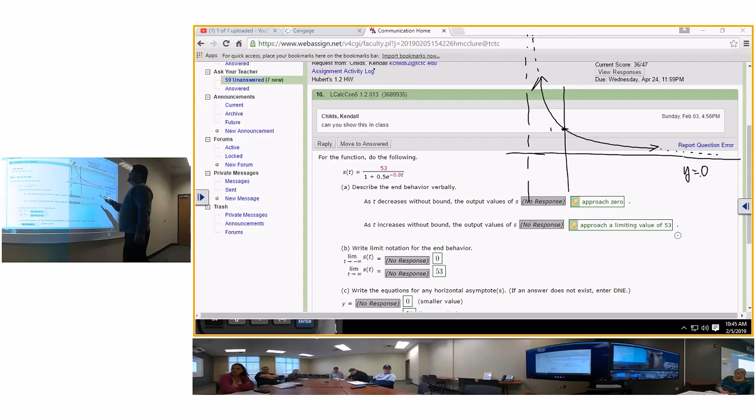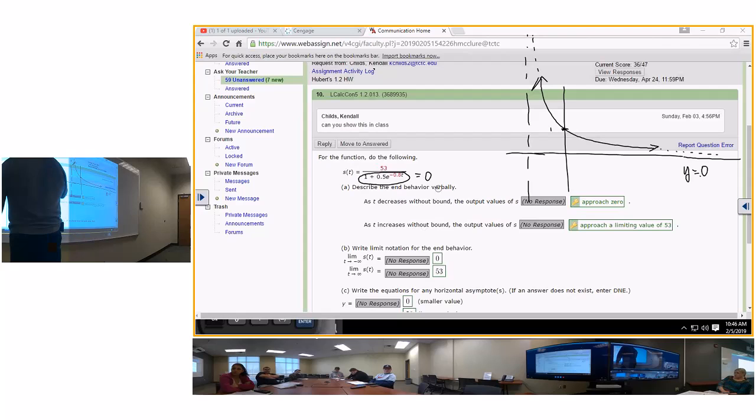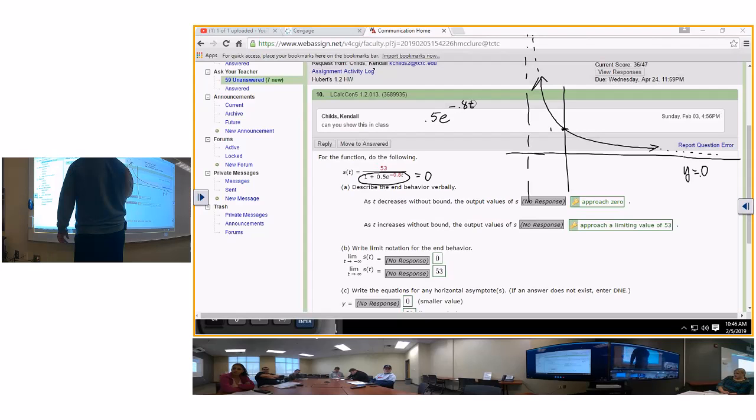And it's approaching x equal to a number here, which you would have to find by setting this equal to 0, which would be 0.5 e to the negative 0.8t equals negative 1. Divide by 0.5, and e to the negative 0.8t, which you don't know how to do yet.